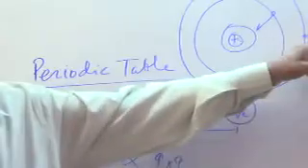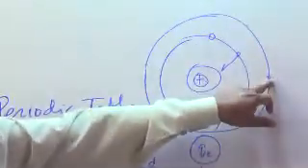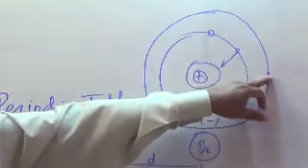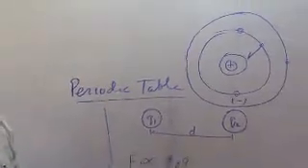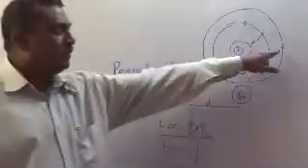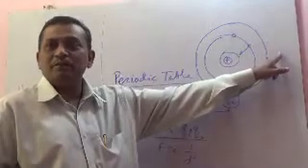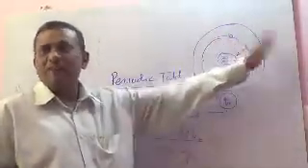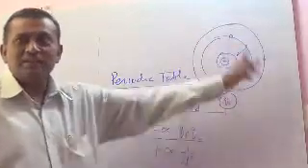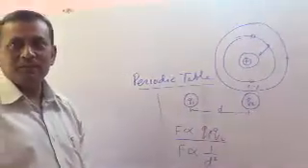So, as the distance between them increases, the force acting on this electron is very less. So the tendency of this electron to leave this atom is very high. This electron is a loosely bound electron. So its metallic character and electropositivity increase as the atomic size increases.